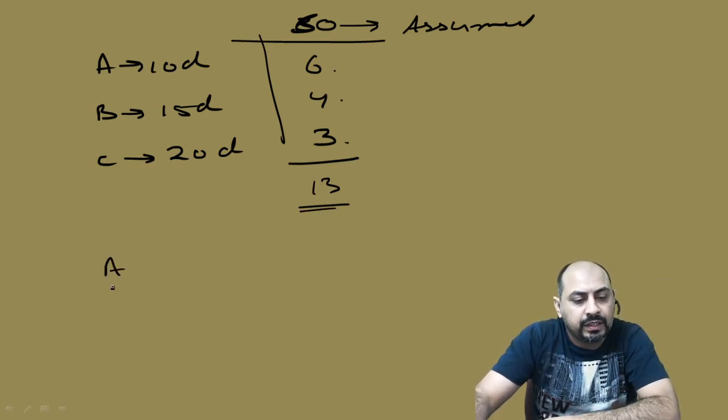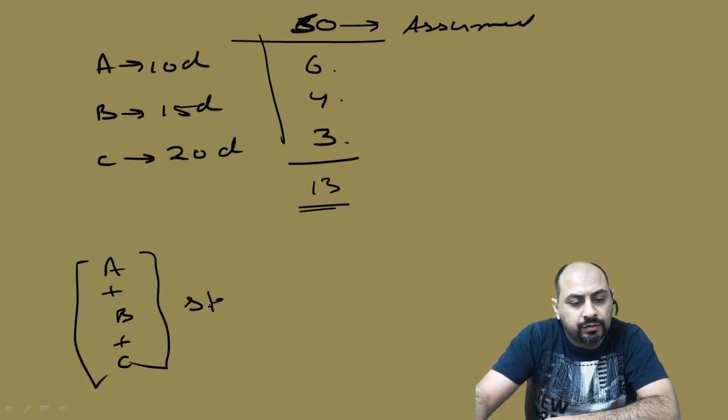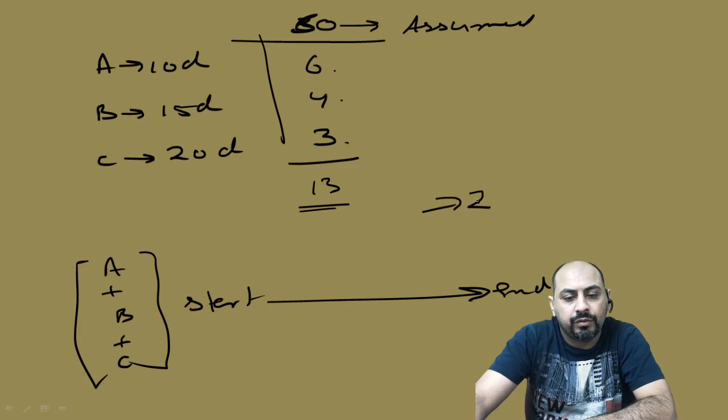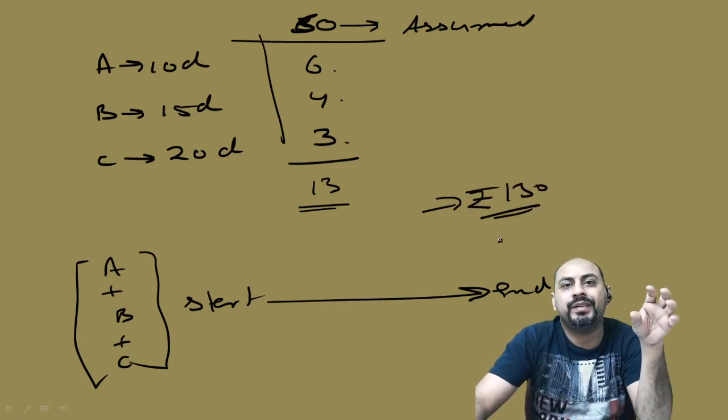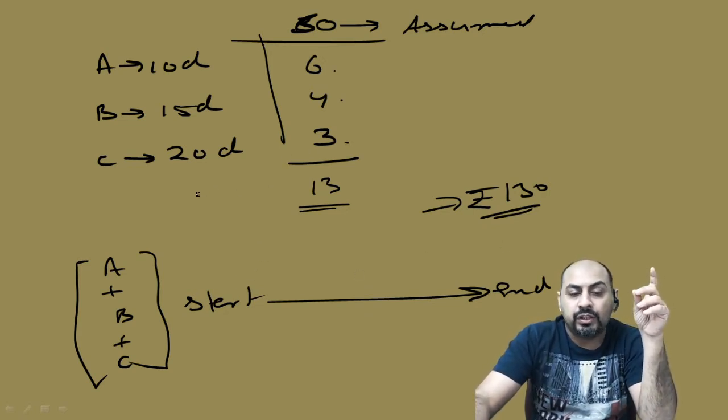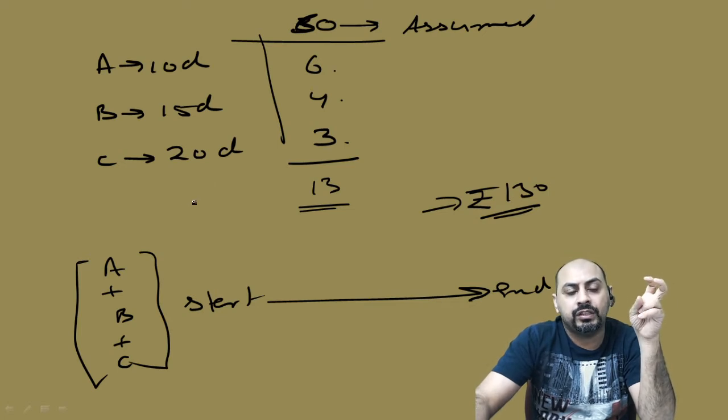Now, if I say that A, B, and C all start the work together and finish the work together, and if they are given rupees 130 for this entire work, how much would each be getting? In these questions on wages, you have to break down how much money each person will get.